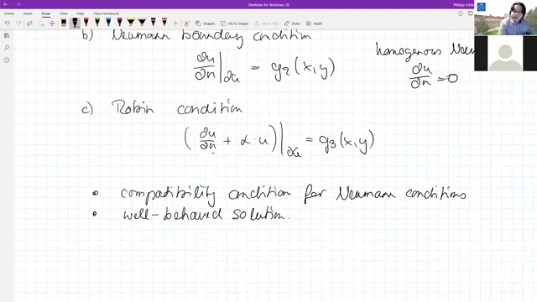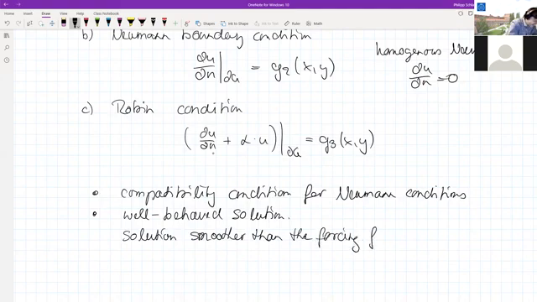Well-behaved means that they are typically smooth solutions. It actually turns out that the solution is smoother than the forcing F that you have.